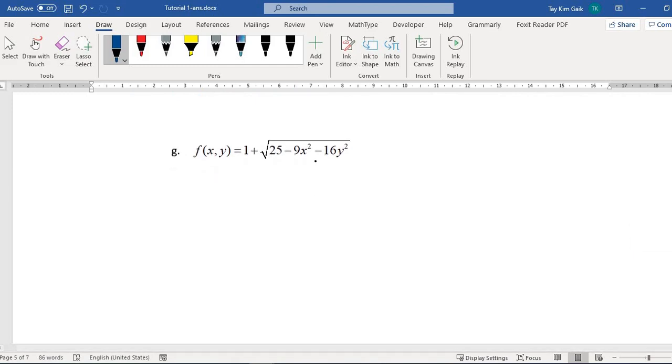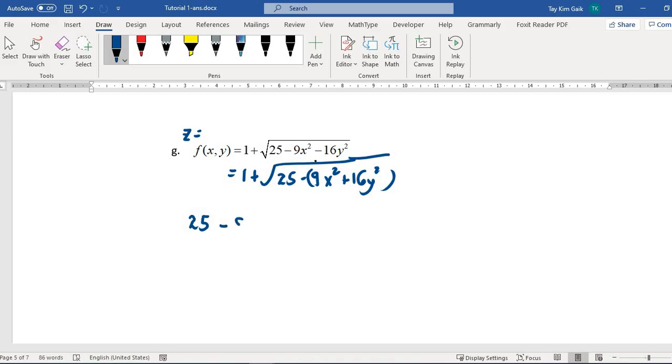And then 2g, let z equal f(x,y) equal to 1 plus the square root of 25 minus 9x squared minus 16y squared. Factor out negative. So square root function, we set it. Well, this is in the numerator only. 25 minus 9x squared minus 16y squared greater than or equal to 0.